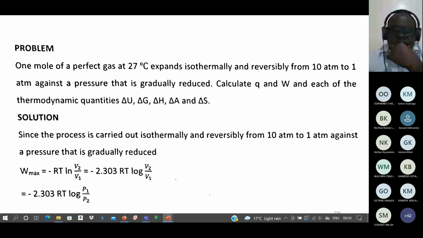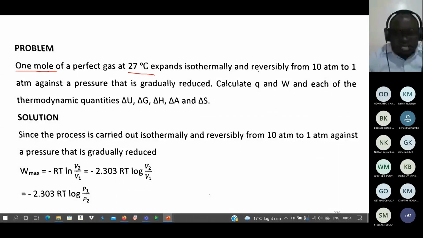Now I want us to consider this problem here. It is like we are recapping everything that we have learned so far. You have 1 mole of a perfect gas. Very important to remember that.